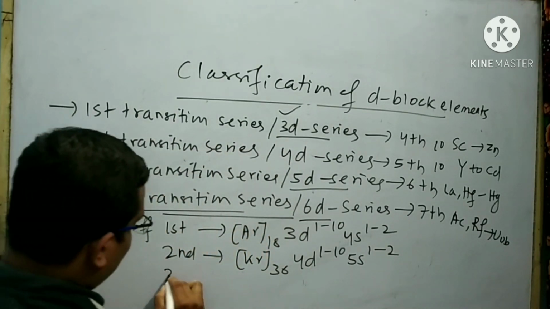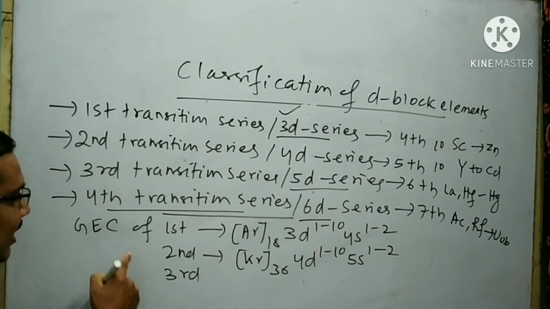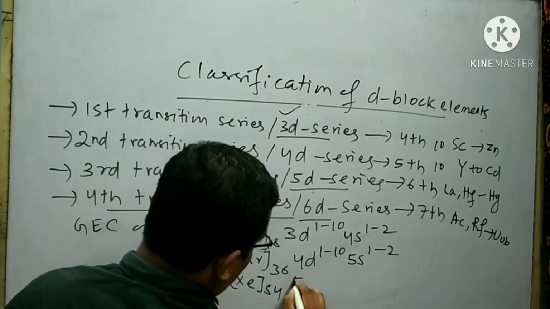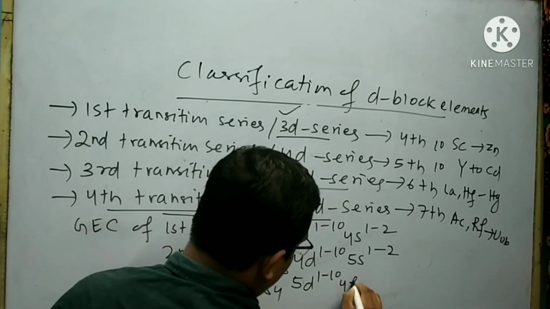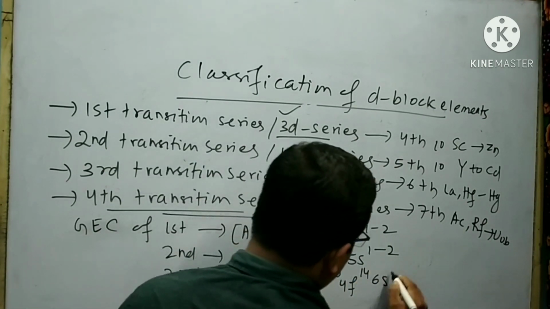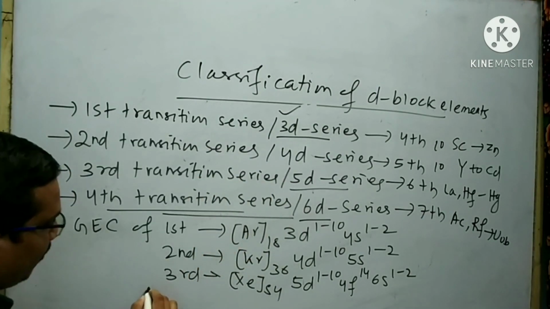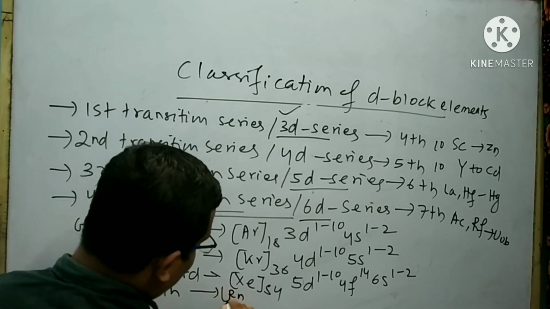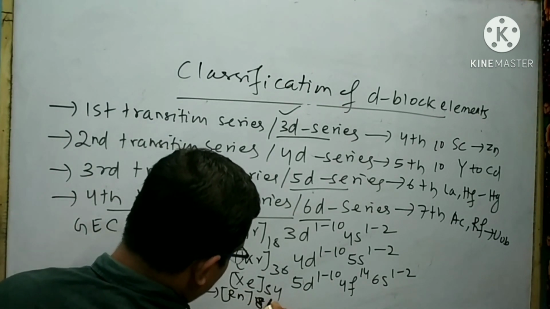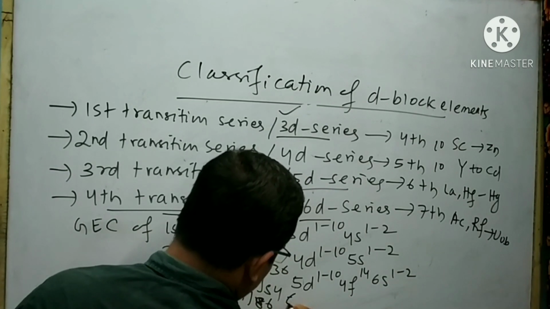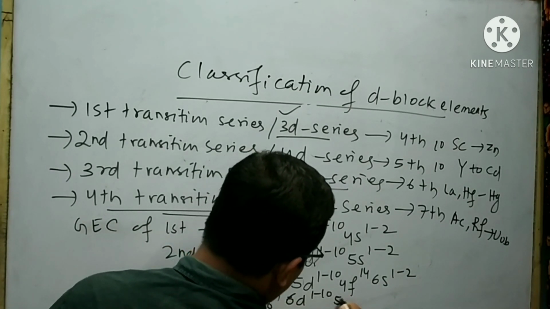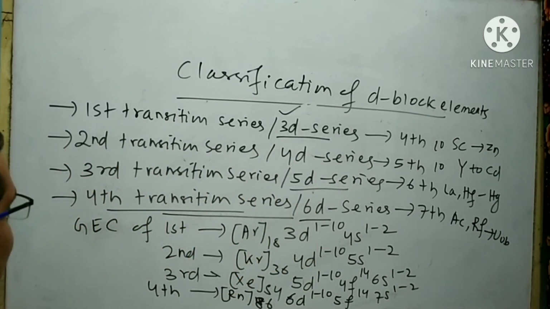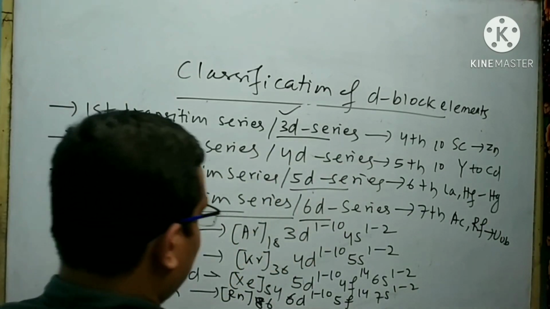For the third transition series, it is xenon 54, 5d 1 to 10, 4f 14, 6s 1 to 2. For the fourth transition series, it is radon 86, 6d 1 to 10, 5f 14, 7s 1 to 2. These are the general electronic configurations of the different series.